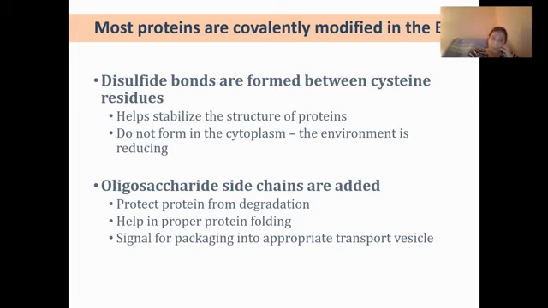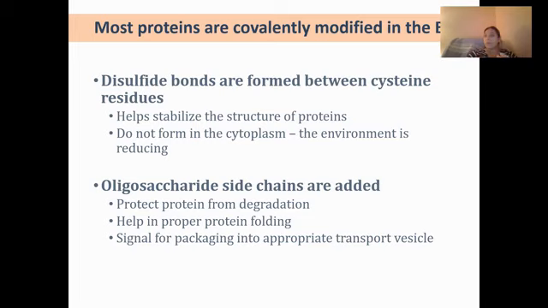modifications that are happening at that time are to prepare their tertiary structure, to get them properly folded and formatted, and to properly modify them, post-translational modifications are put onto those proteins. These include disulfide bonds that are formed between the cysteine residues to stabilize that tertiary structure of the protein.